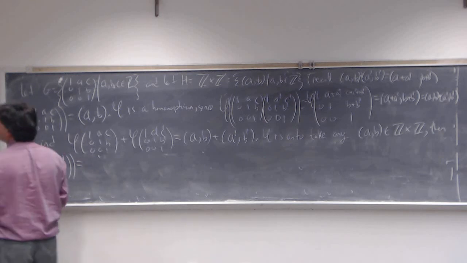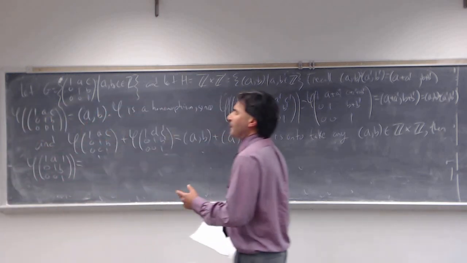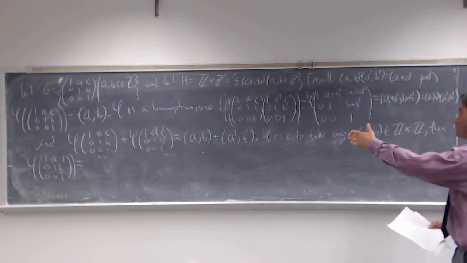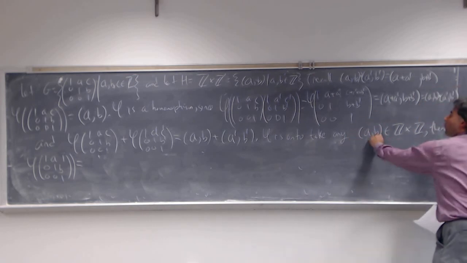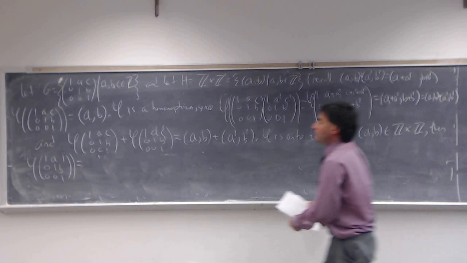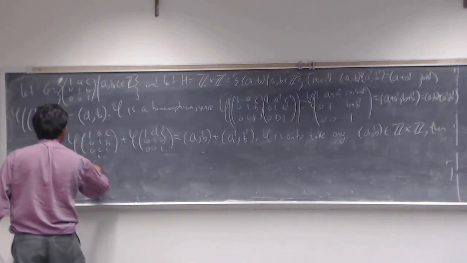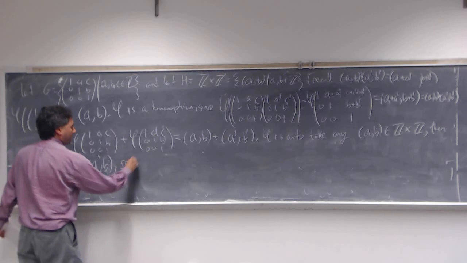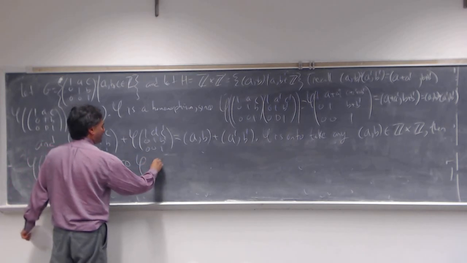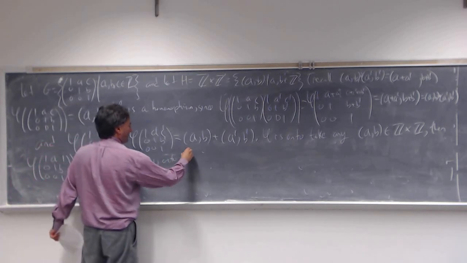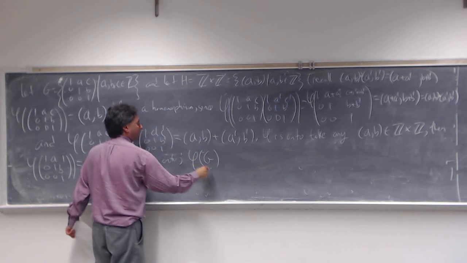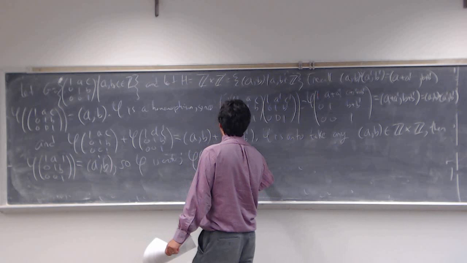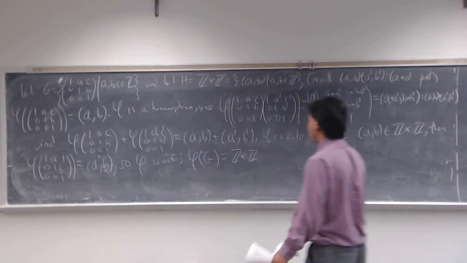Remember, the definition of onto, it's not particular, it just says you have to find some x that when you put into the function, it takes you to y. So this is your y value, your output, you want to input this matrix, and we get A comma B. And so that's enough to show phi is onto. Or in other words, if I look at the image, if I stick every matrix into this thing, I'll be able to get back every ordered pair of integers.